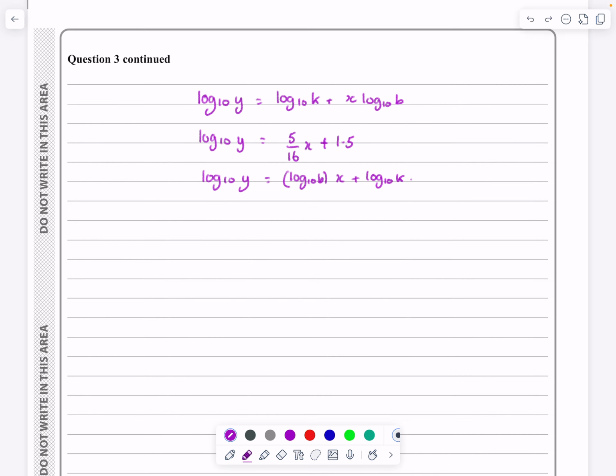So if we look at the coefficient of x, I'm going to get log 10b equals 5 over 16. Now you need to be able to do this where we've got log a to the b equals c, something like that. What I need to do is be able to change that log statement into a power statement.